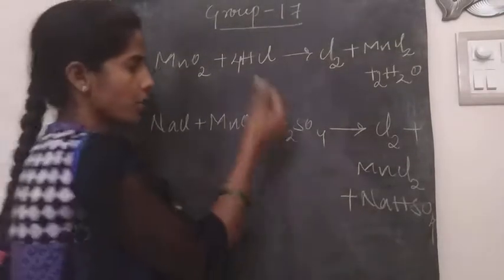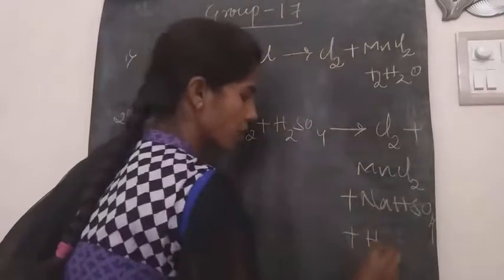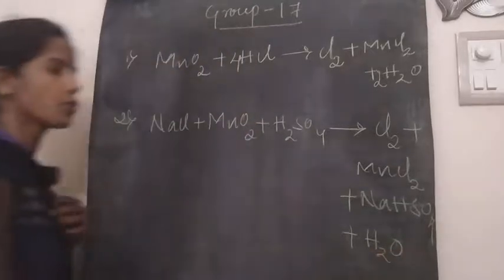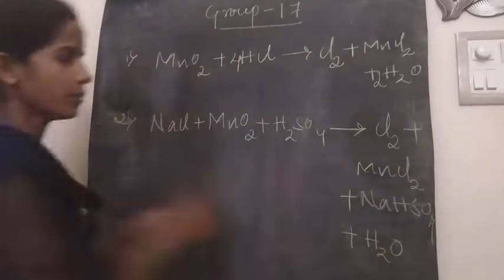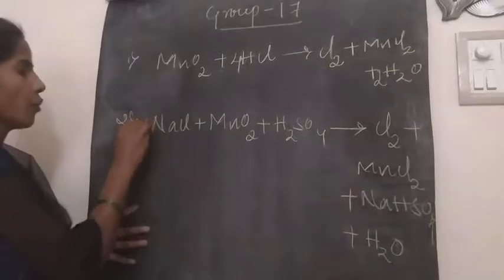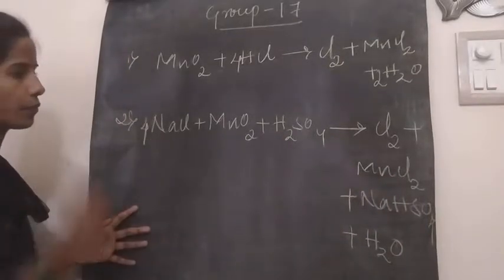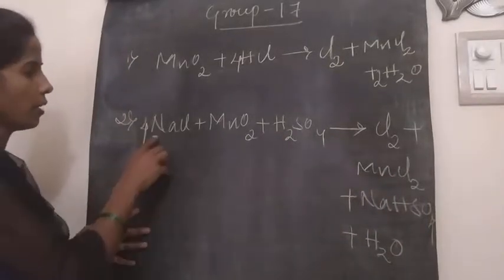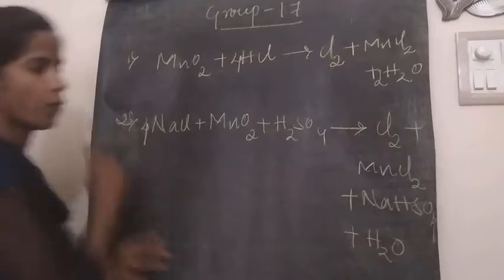The hydrogen and oxygen are removed in the form of H2O. Now to balance the reaction, how many chlorine atoms are there? 4 chlorine atoms. Therefore 4 NaCl. Therefore to balance the sodium, 4 is there.